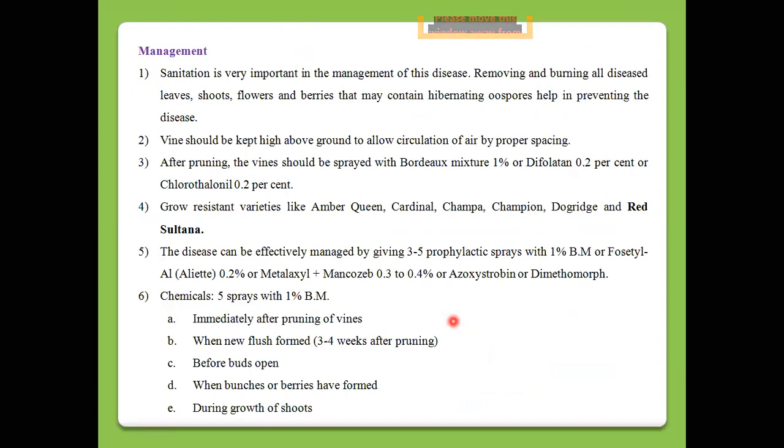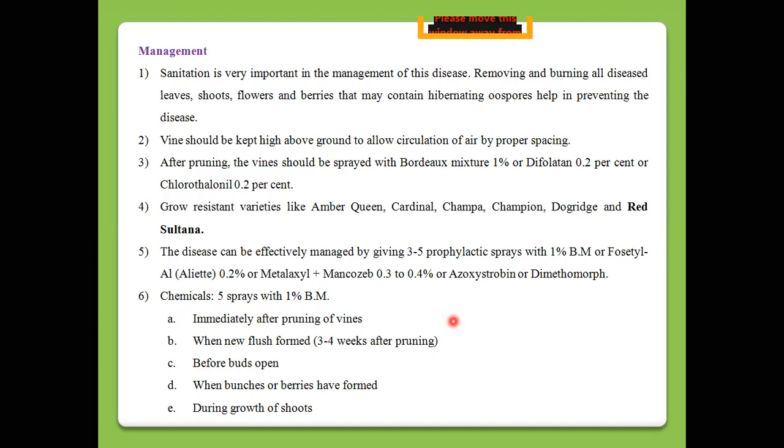Then management. The first effective management is removing and burning all the infected leaves, shoots, flowers, and berries. These are the source for hibernation or survival of the oospores in the absence of the host plants.